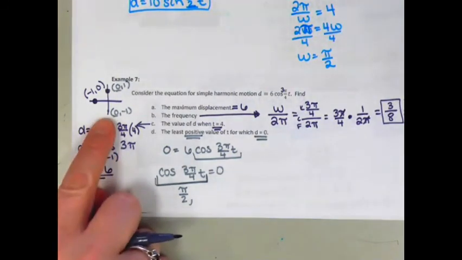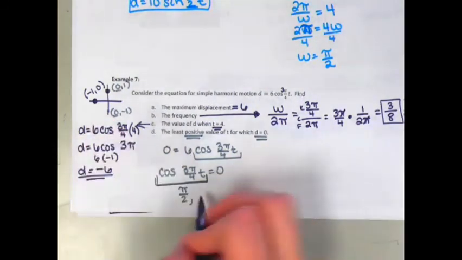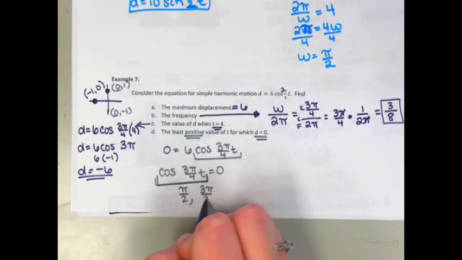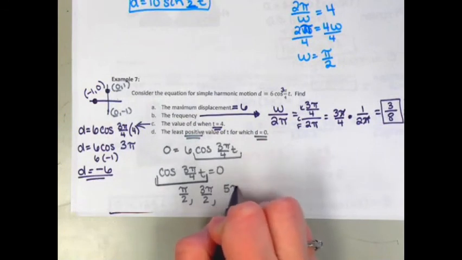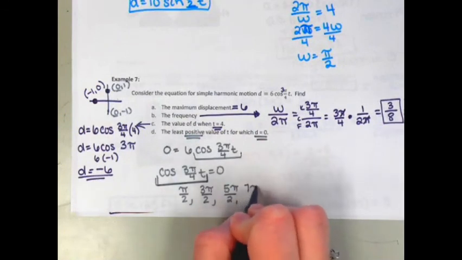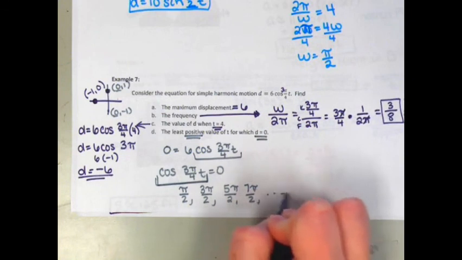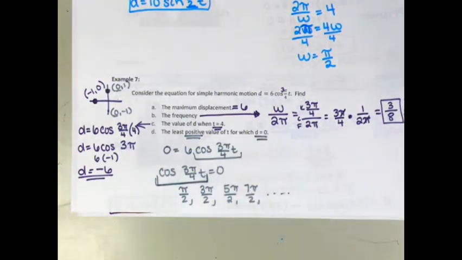Where's 0, -1 at? 3 pi over 2. If I went around again, that would be 5 pi over 2, 7 pi over 2, and so on, right? At every y-axis, or every 90 degrees, and then 180 from there, aren't we at 0, cosine being 0? Yes. So the cosine of any one of these values is equal to 0.